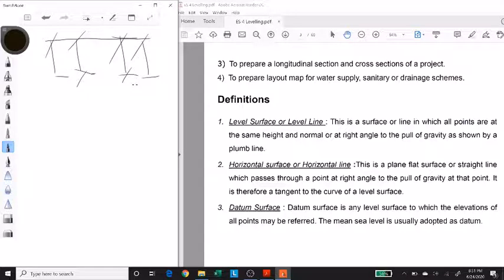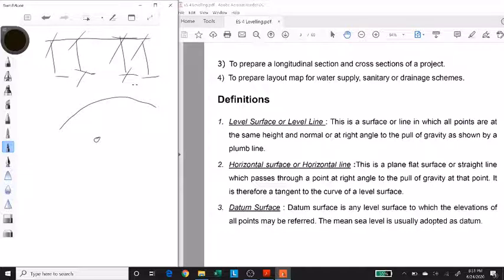Now, if you draw it on a bigger scale, the surface of the earth is not flat. So if it's not flat, that means if you want to have points at equal elevation, or you want to have a level line, then in actuality, from the reference point, the level line would be a curve, since that is the natural trajectory of the surface of the earth.